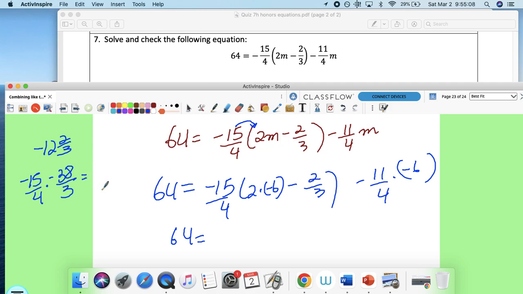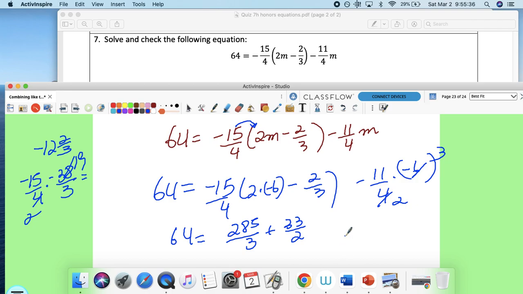And we get, I'm going to have to multiply 15. Can I simplify this? Yeah, this becomes 2. This becomes 19. So we get 285 over 3. Yikes. Positive. And then plus, this becomes 3, this becomes 2, 33 over 2.